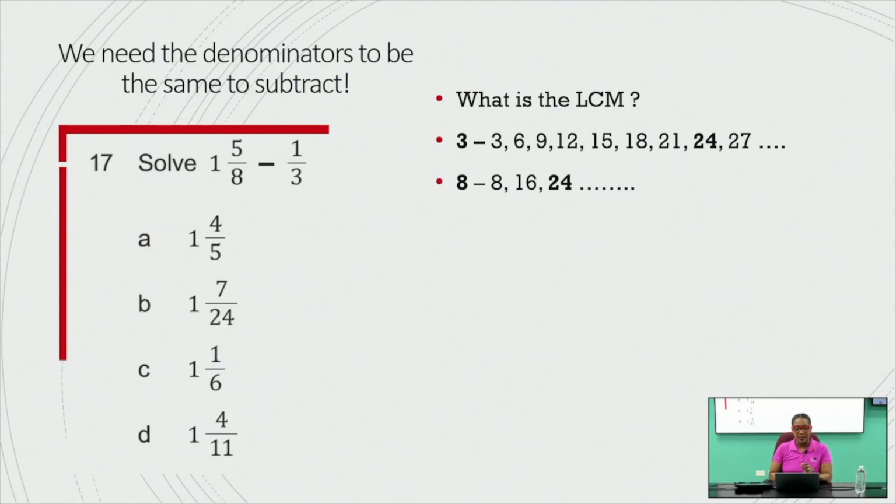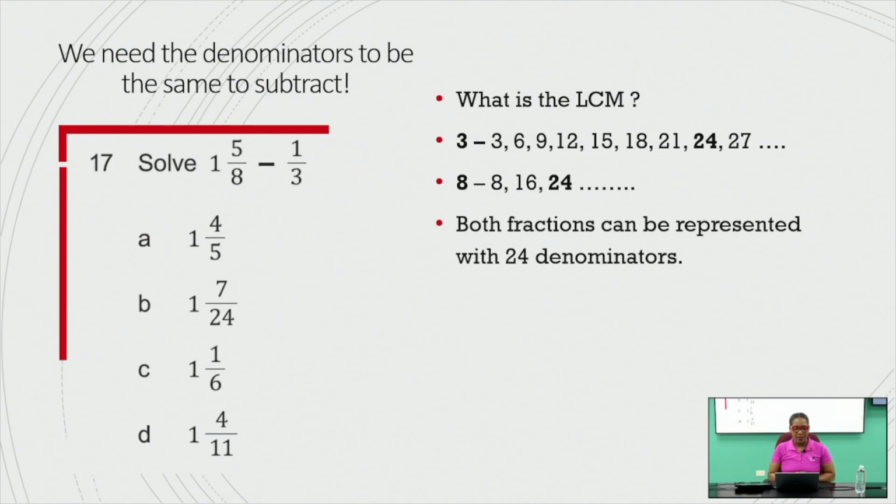But no need to, because we see there's a common multiple there. 24 is both a multiple of 3 and a multiple of 8. So we can use that as the denominator, as the lowest common multiple. And here we have the fractions now: 1 15/24 subtract 8/24. And the answer is 1 and 7/24. And that is option B. I think that was pretty easy and simple. I hope you got that.